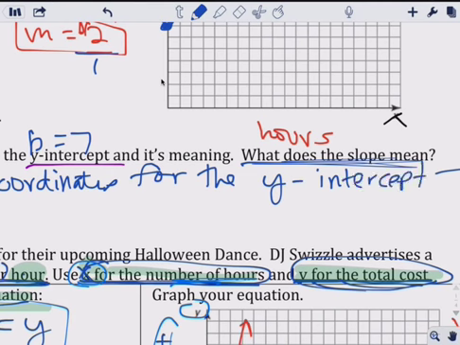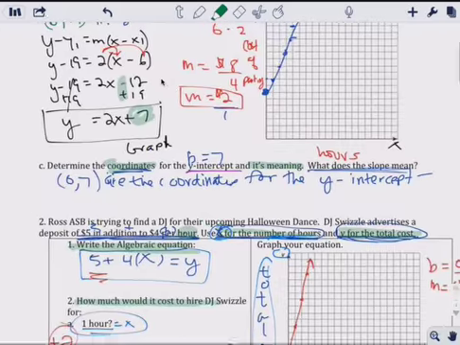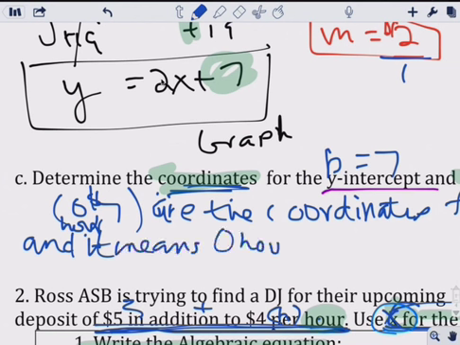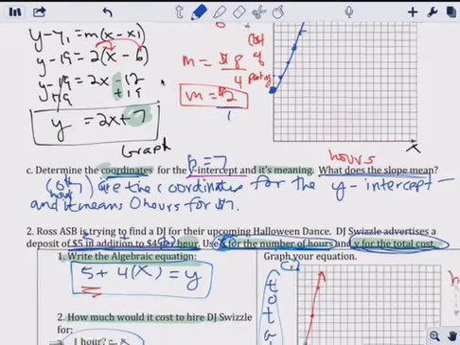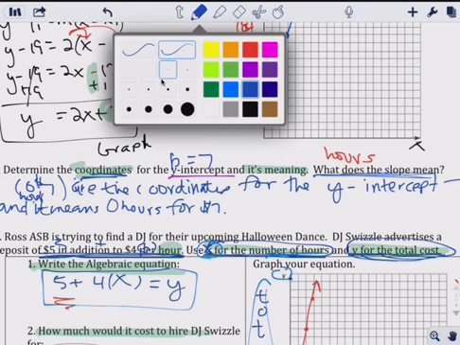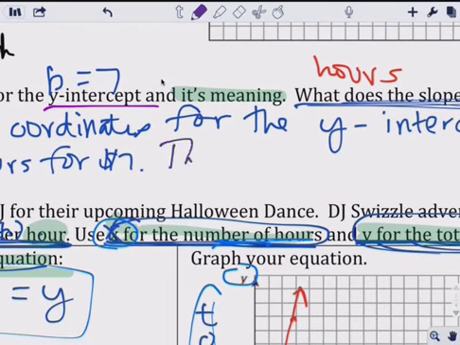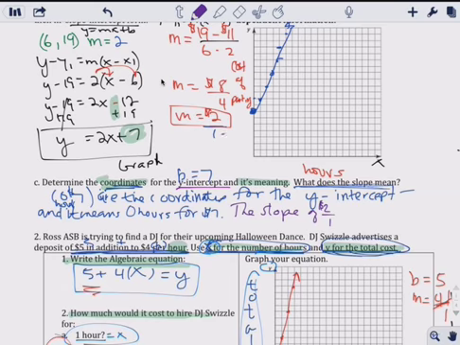And its meaning is 0 hours for $7. Now, what does the slope mean? The slope here is 2 over 1. The slope of 2 over 1 means $2 for every hour.